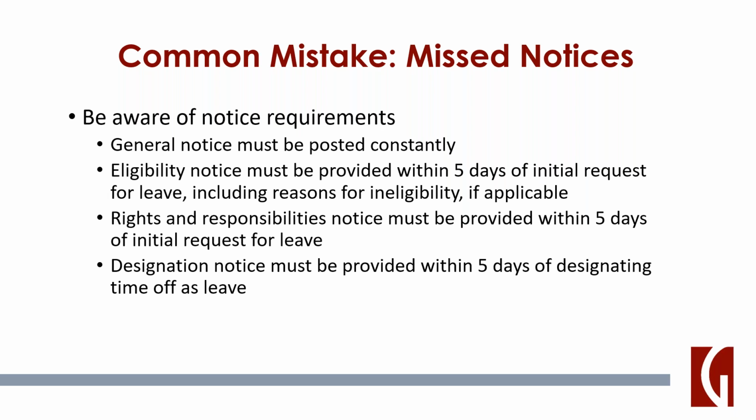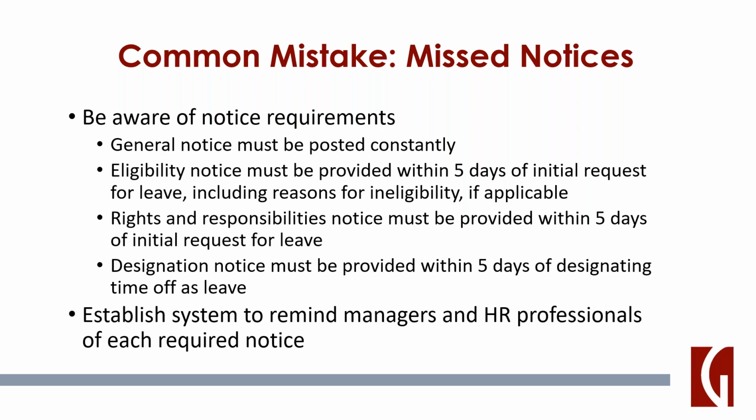So once it's determined that the employee's leave is FMLA qualifying and it's designated as FMLA leave, then at that point, that employee is also entitled to notice of that as well. In addition to providing education and training on these, it's also important to establish some sort of a system to keep managers and HR professionals on task and to make sure that they're not missing their notices.